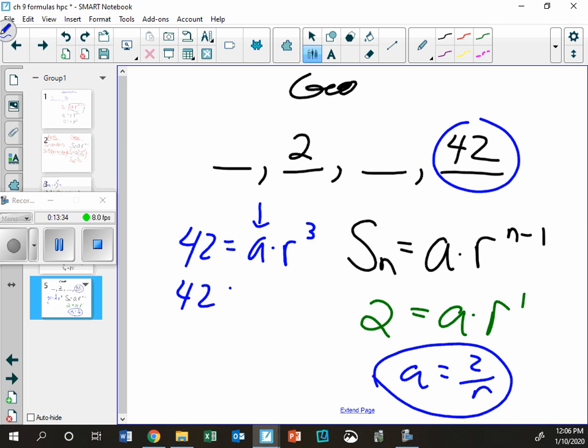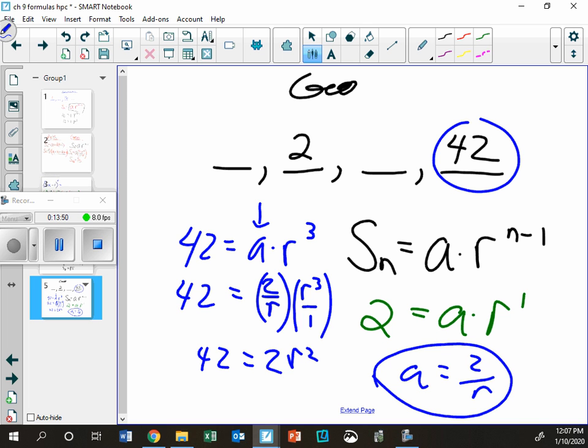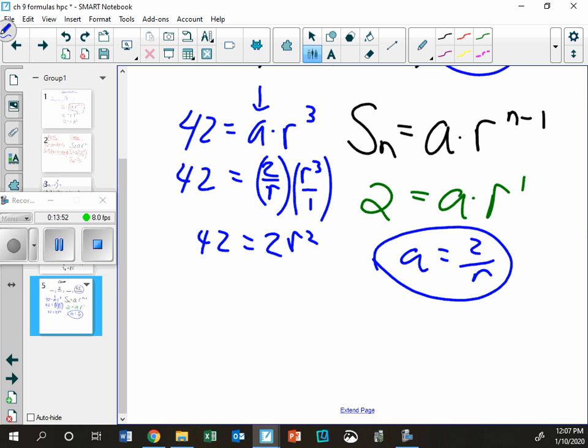So 42 is equal to, what was A again? 2 over R times R to the third. I'm going to put that over 1 just to make it abundantly clear that those R's would cancel, and I get 42 is equal to 2R squared. So I divide by 2 on both sides, and I get 21 equals R squared.